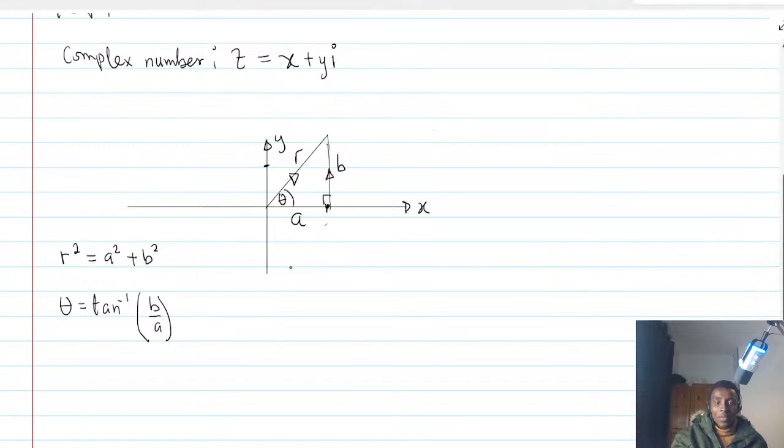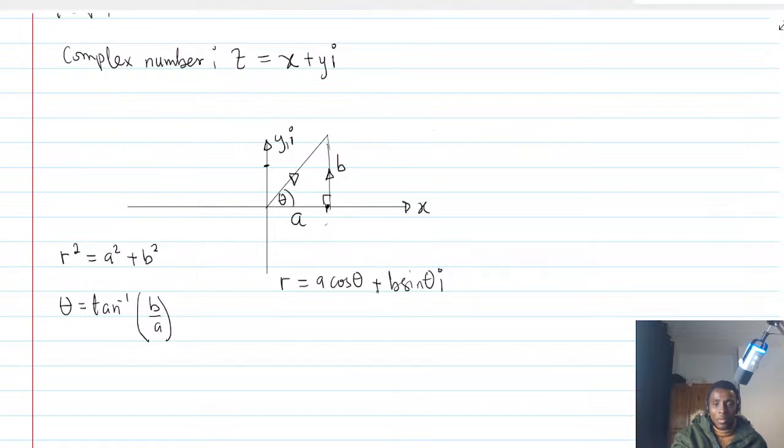We can say that whenever we have a complex number, this complex number r will have a cosine theta along the x plus b sine theta along the y, but we are calling the y as what? The imaginary axis. Is that right? So basically the y is our imaginary axis.